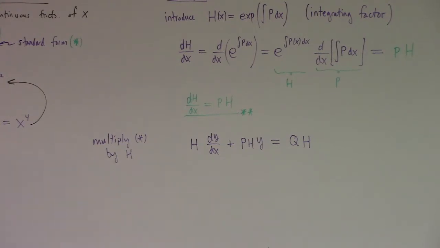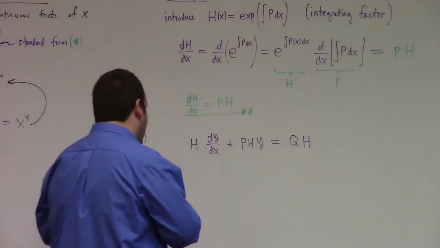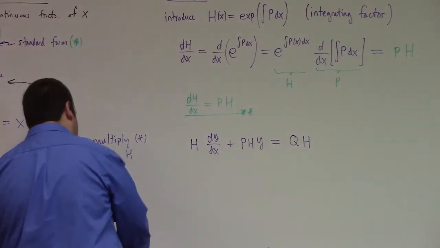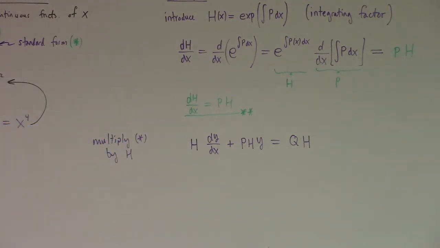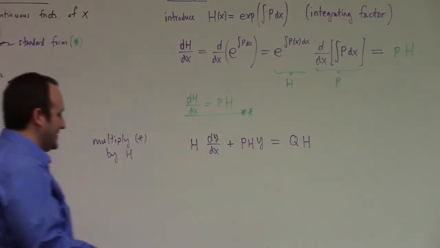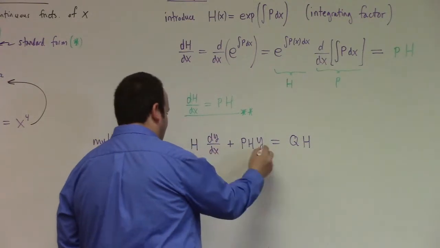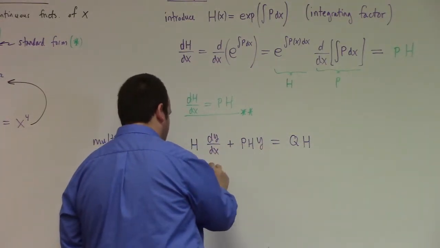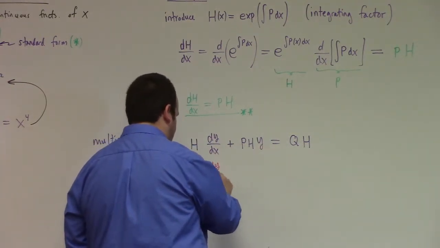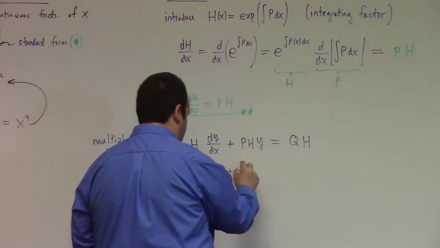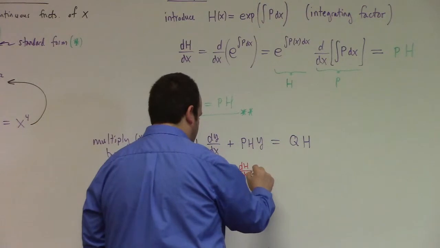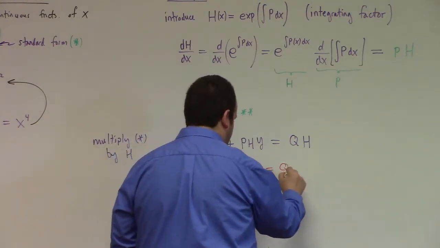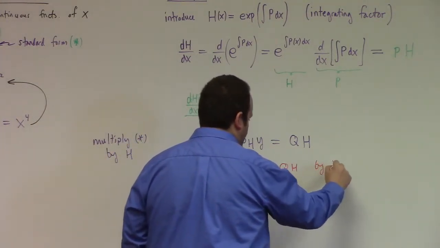And here is the real reason for inventing this integrating factor: it brings to bear this reverse product rule. Look at this. What you have then is h times dy dx plus dh dx times y is equal to qh by star star.